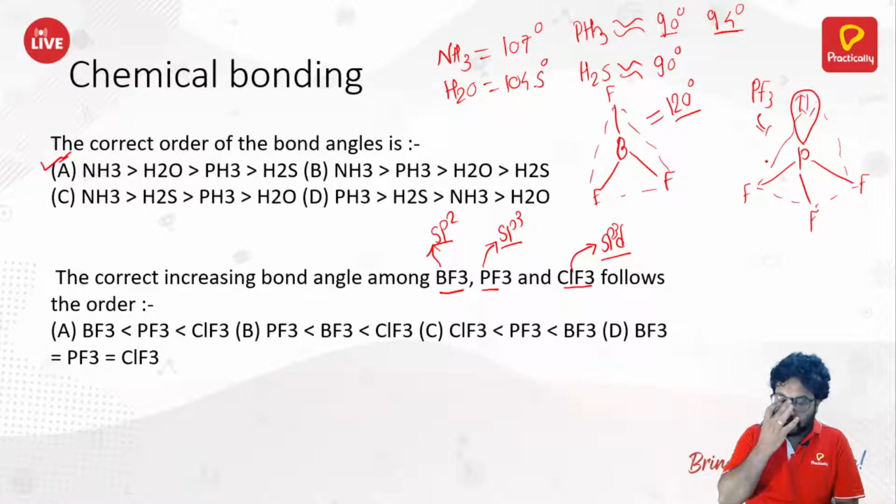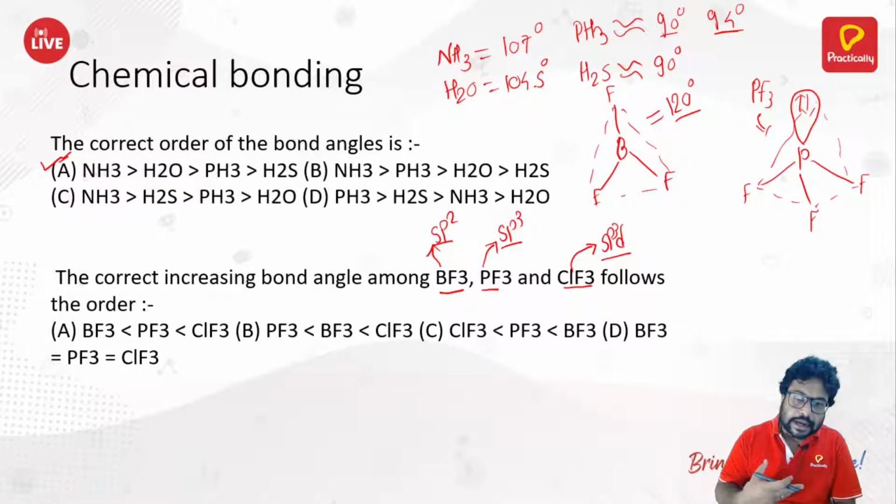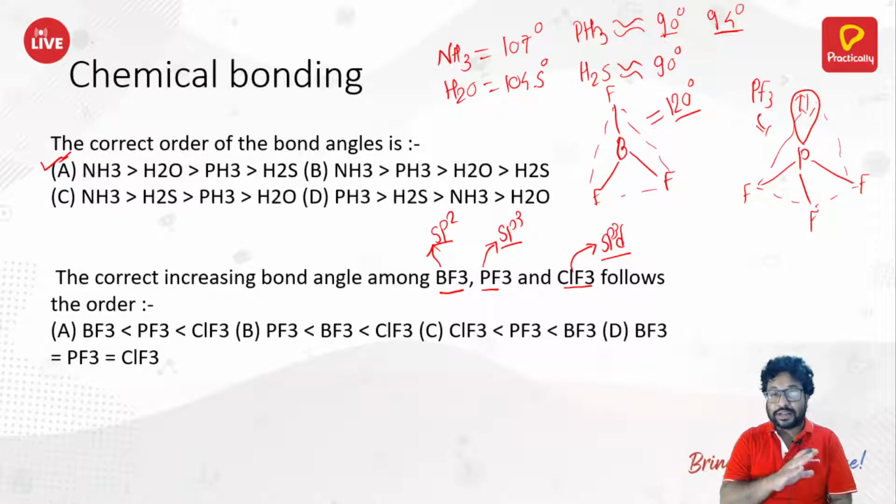So for sp3 the bond angle obviously has to be less than 120, somewhere hovering around 109 degrees. It might be slightly lesser or slightly higher than 109 degrees, but it cannot distort too much from 109 degrees here.